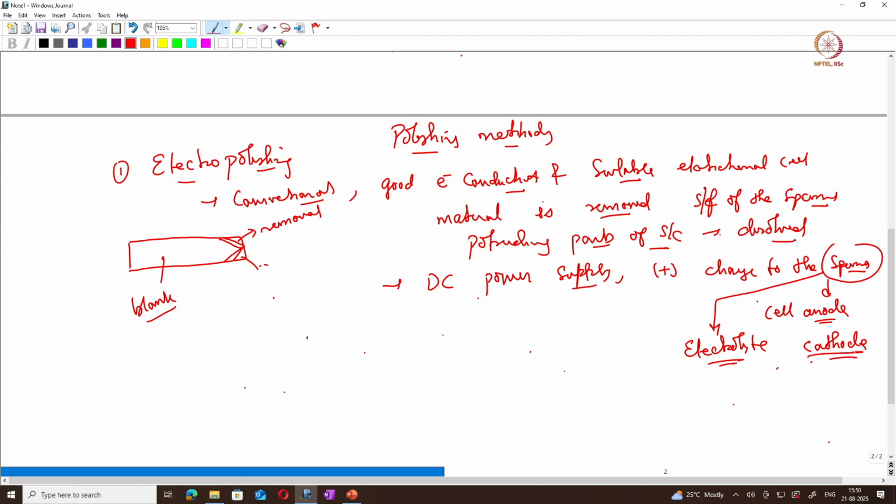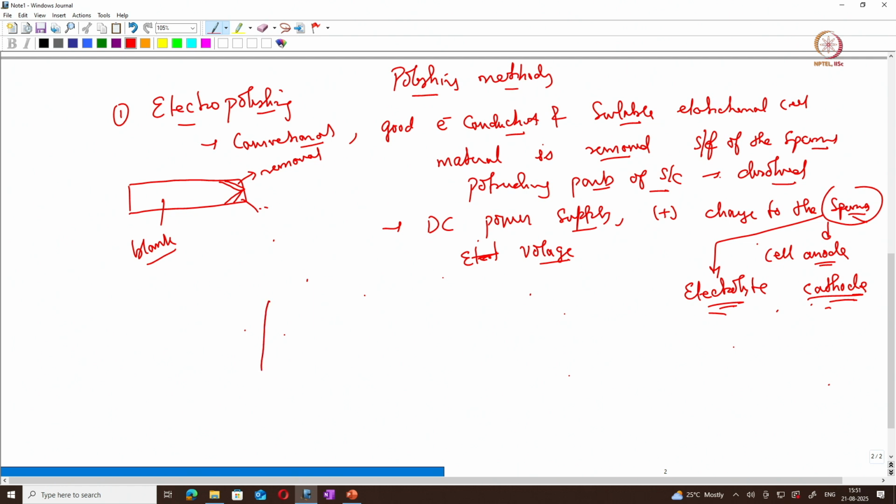So with this process, when you apply the voltage, there will be a passage of current across this specimen, anode, electrolyte and the cathode. Then the specimen starts dissolving.